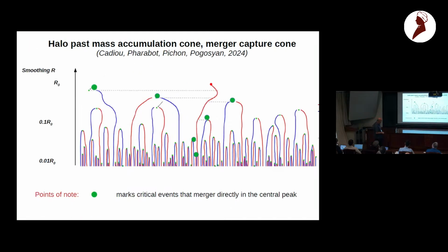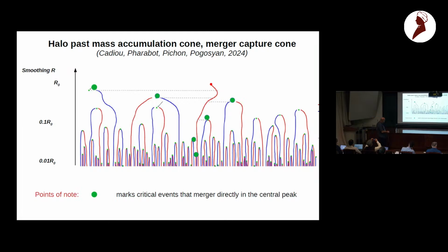So if you look at a very big picture of that, you see that there is one surviving peak, which I just centered my picture on, and what is in green are direct mergers into that peak. So this guy, there's nothing in between, so it goes here. This guy goes here. Those critical events in green are not direct mergers. They will come step by step into the surviving peak.